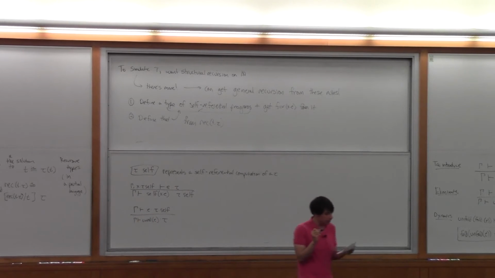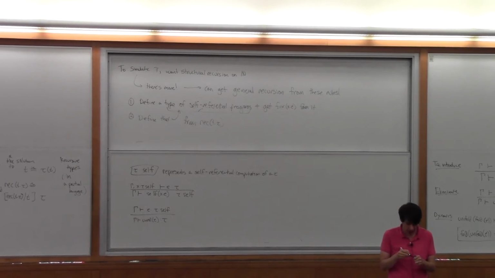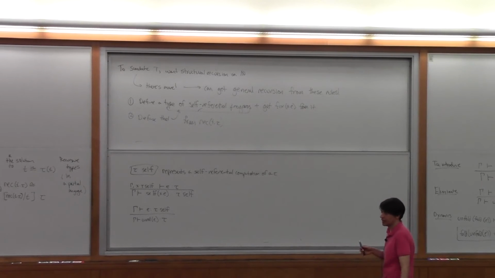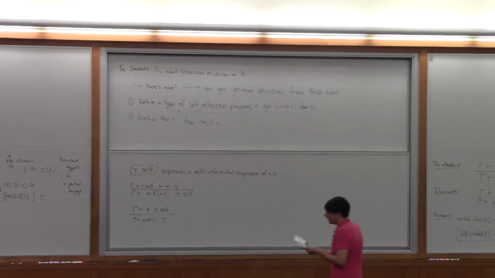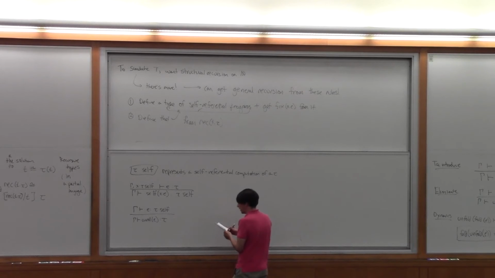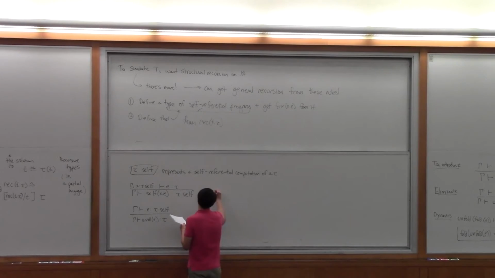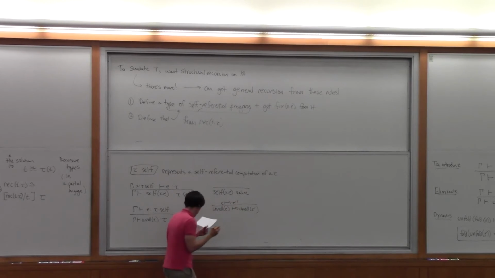So if you have a self-referential computation of a tau, the idea is that you can tie the knot of the recursion and compute an actual tau by unfolding the recursion. So the dynamic semantics for this are that self x dot e is always a value, and that unroll of e steps to unroll of e prime when e steps to e prime.